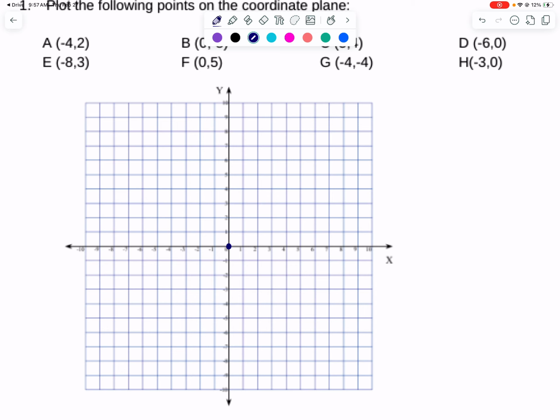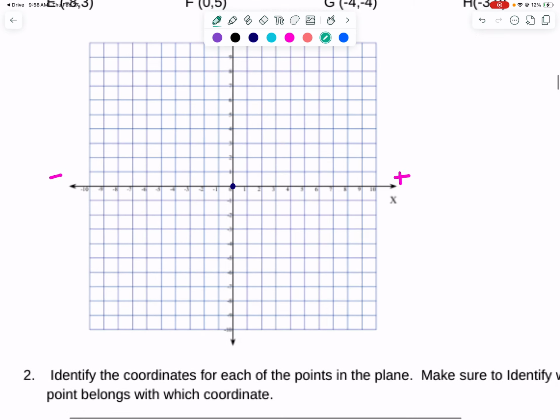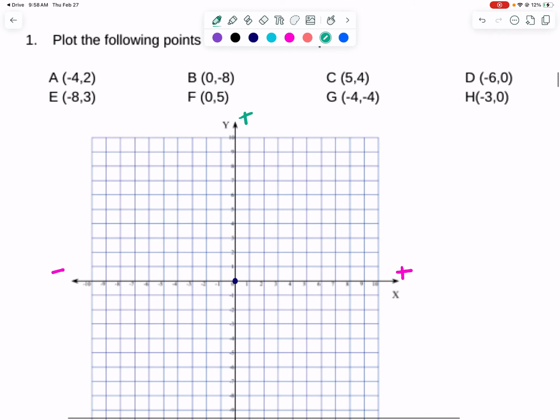I'm going to put a point at the origin, and I'm going to remind myself that to the right is the positive direction on the x-axis. To the left is the negative direction on my x-axis. Up is the positive on the y, and negative is down on the y-axis.